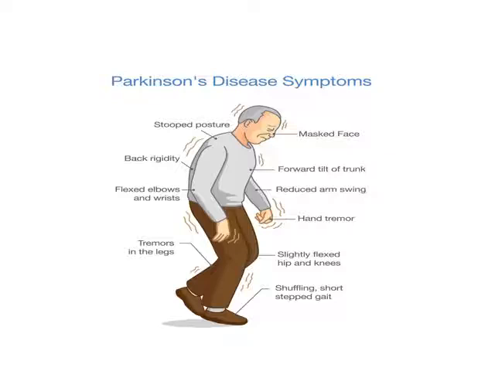There is forward tilt of the trunk. Hand tremors that we said are resting pill rolling tremors that disappear by movement. There is slightly flexed hip and knees, tremors of the legs, and shuffling short steppage gait.